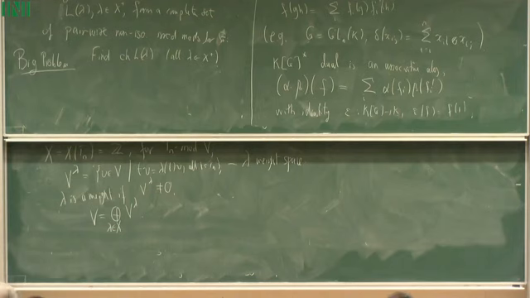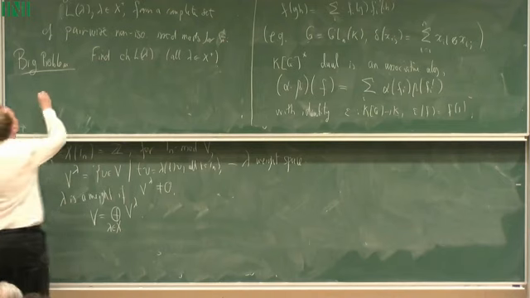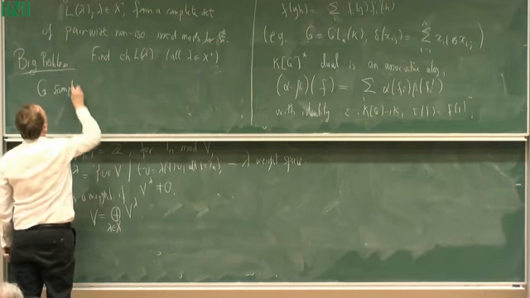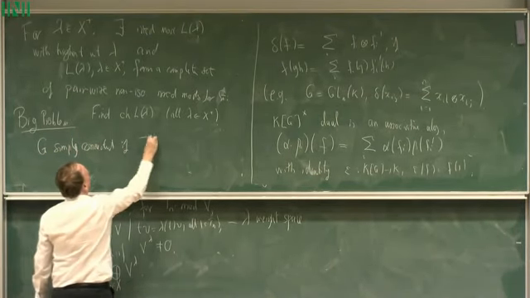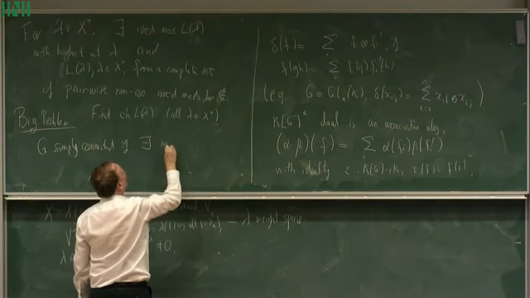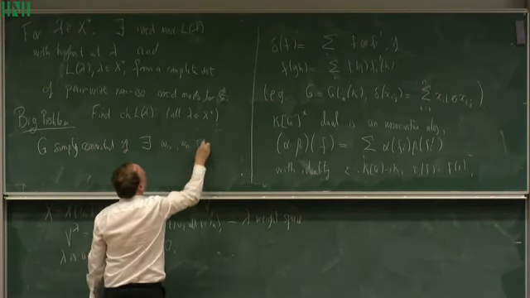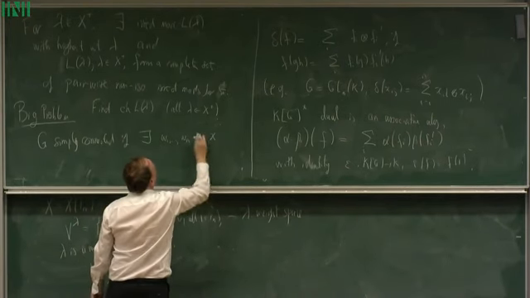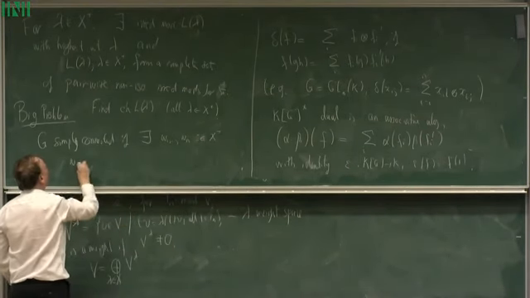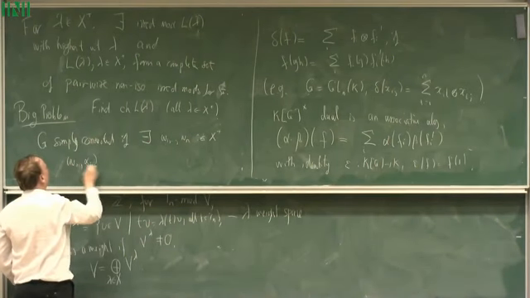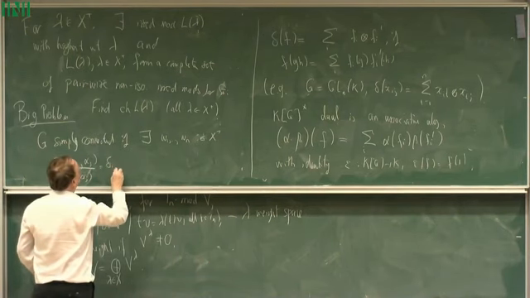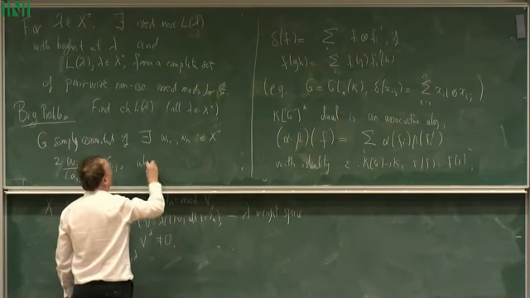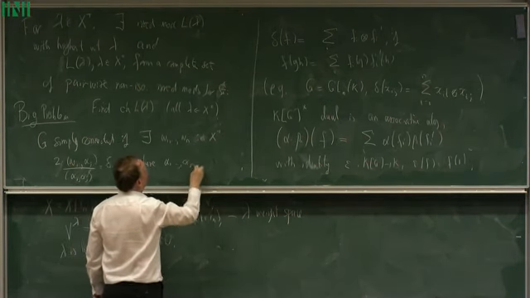Anyway, it's going to get even more depressing, I'm afraid. Well, G is called simply connected if there exist the so-called fundamental dominant weights such that they are dual to the set of simple roots, where alpha 1 up to alpha n are the simple roots.